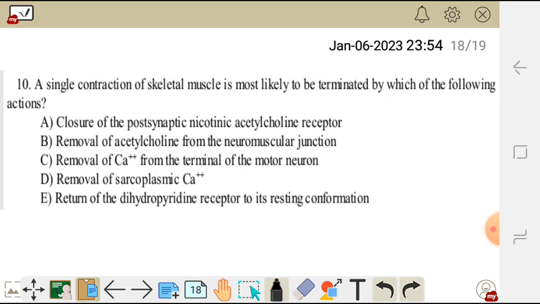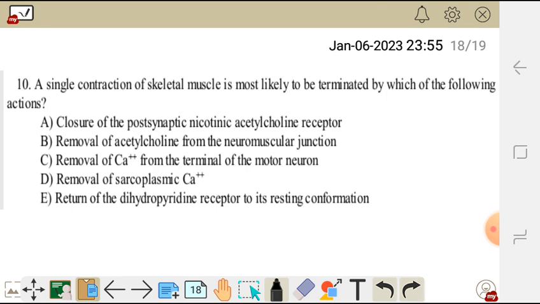So the best way is to simply remove the sarcoplasmic calcium inside the muscle tissue, then the single contraction will be terminated, because what causes contraction is calcium, which binds on the troponin C, and then troponin C causes a conformation change in the troponin tropomyosin complex, which exposes active sites where myosin binds and contraction occurs.